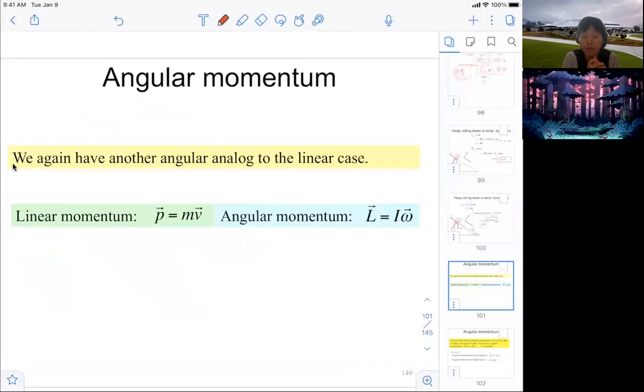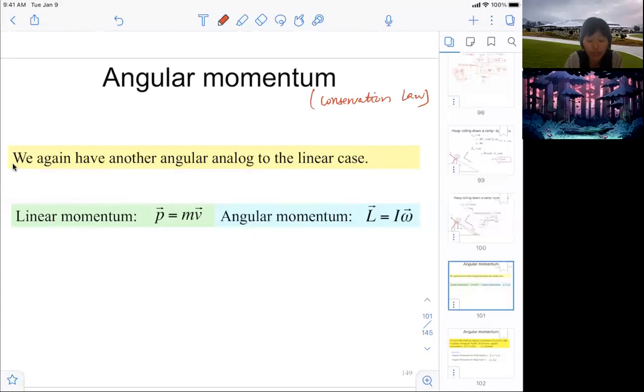But before we can talk about the conservation laws for rotation, we have to introduce what is angular momentum. Okay, so this is paving the way for later on, when we do conservation laws for rotation. Again, momentum is conserved. We had a conservation of momentum earlier for collision type of problems.